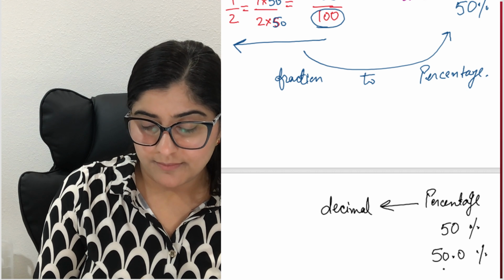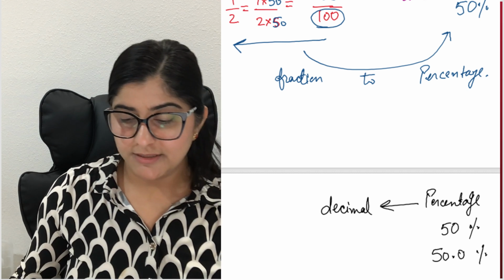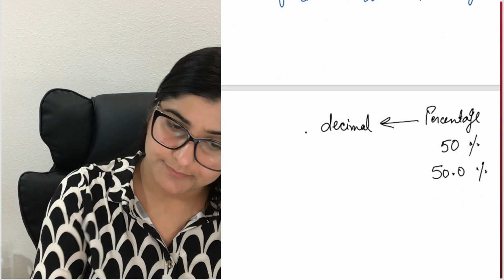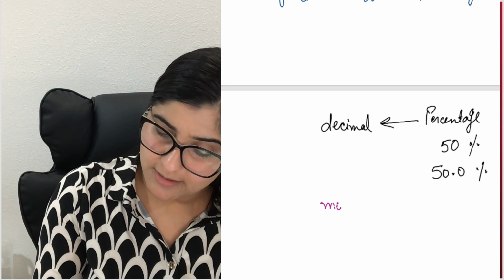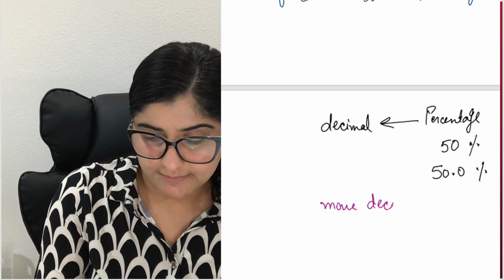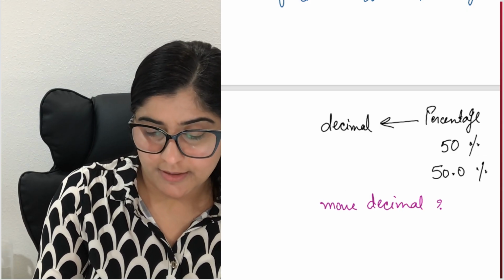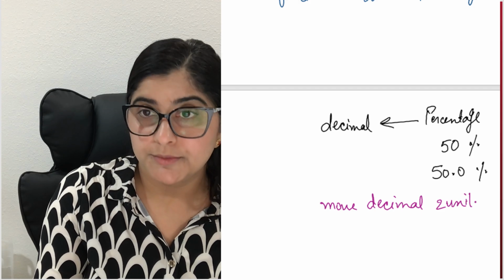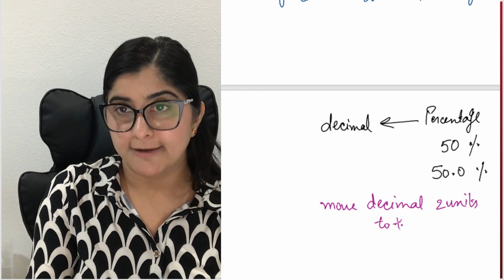So we will move the decimal point 2 units to the left. This is the rule. Move the decimal 2 units to the left.